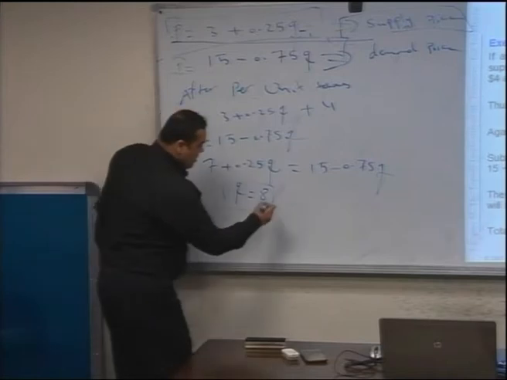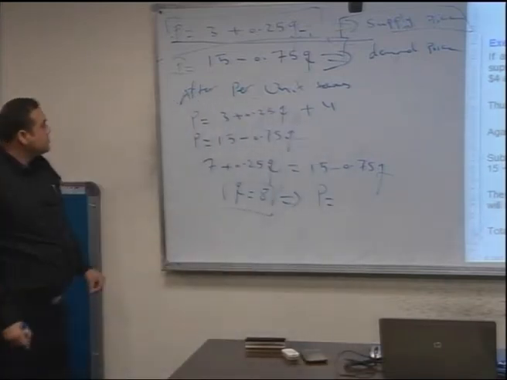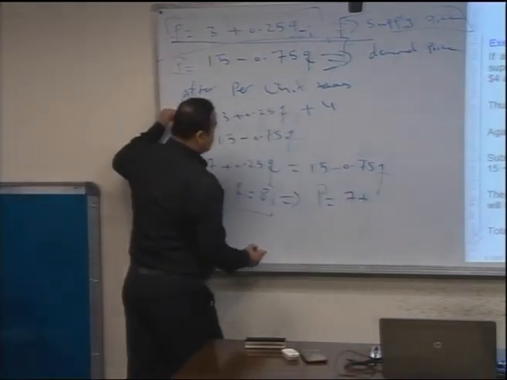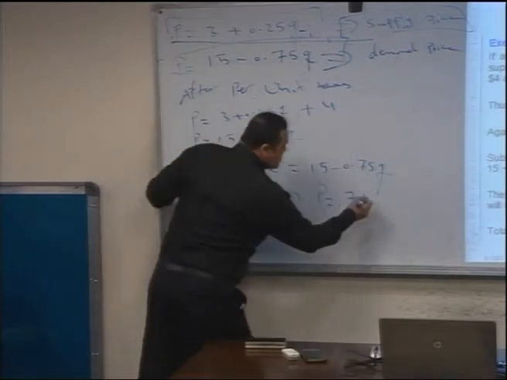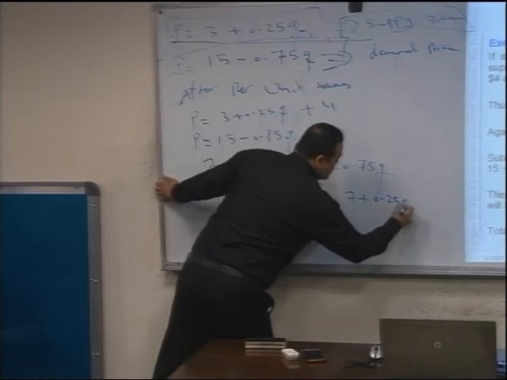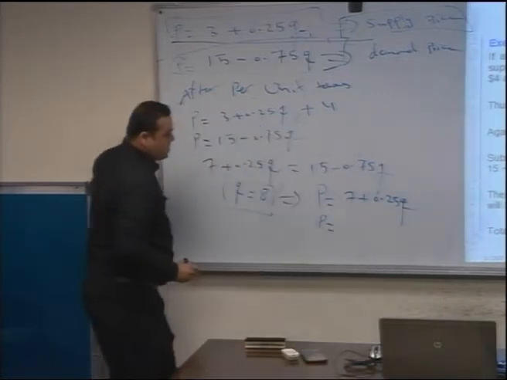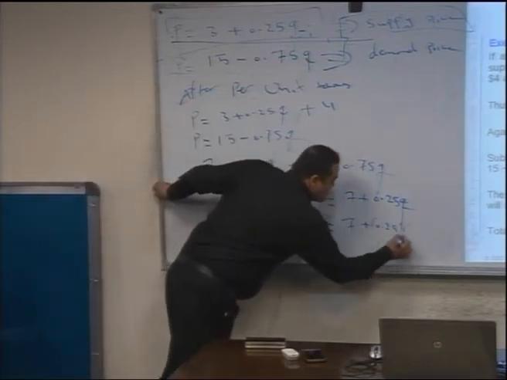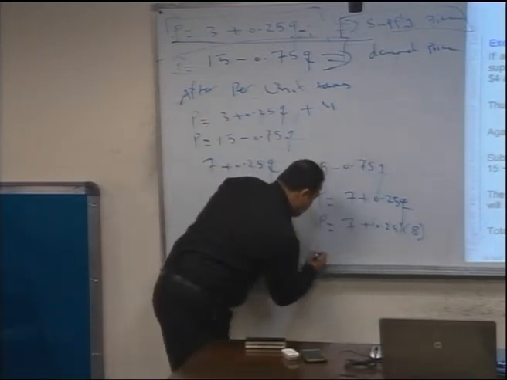So the price equals 7 plus 0.25 times 8, which is the supply price. So P equals 9.